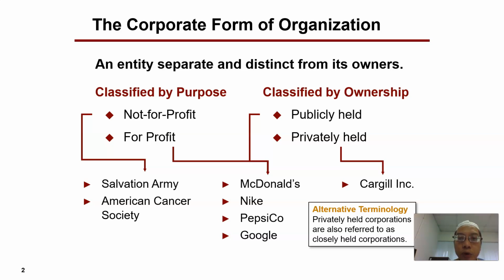So corporations are separate from the owners, both legally as well as economically. But for sole proprietorship as well as partnership, although the organization is separate from the owners economically, they are not considered as separate legal entities.